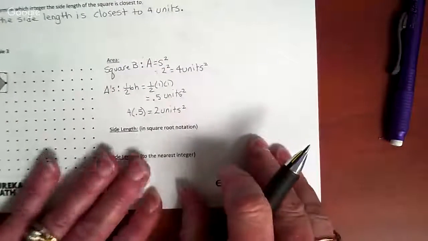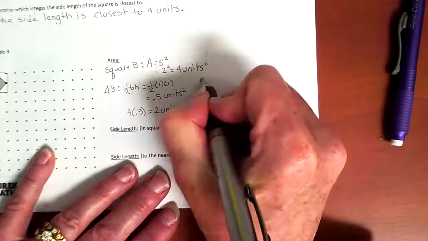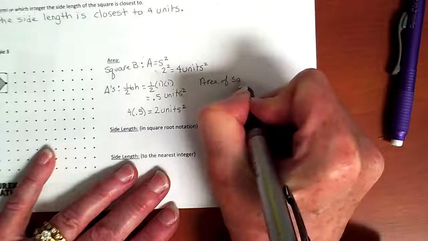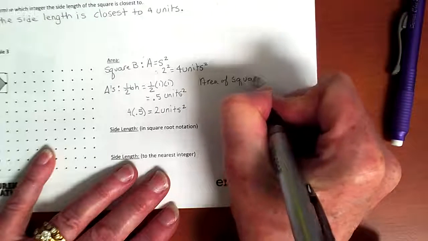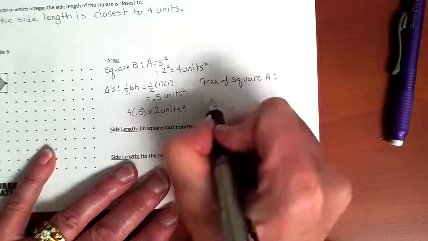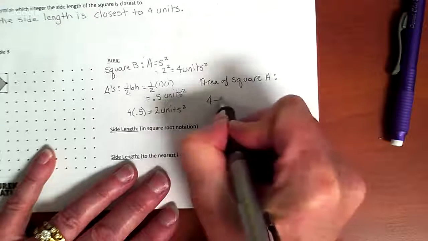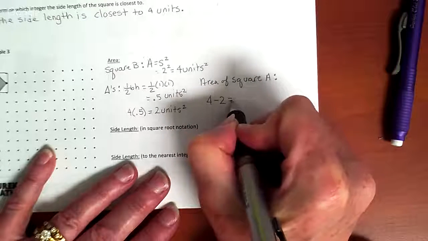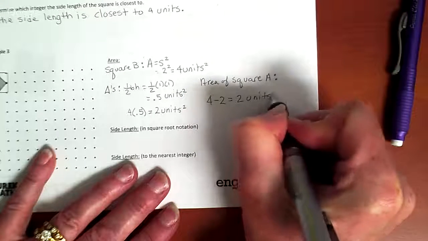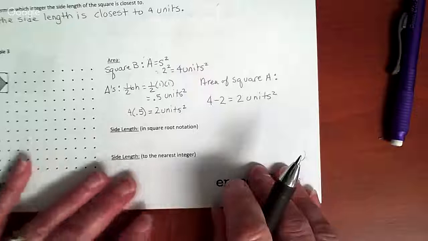So now to find the area of square A, we have 4 units minus 2, which would equal 2 units squared.